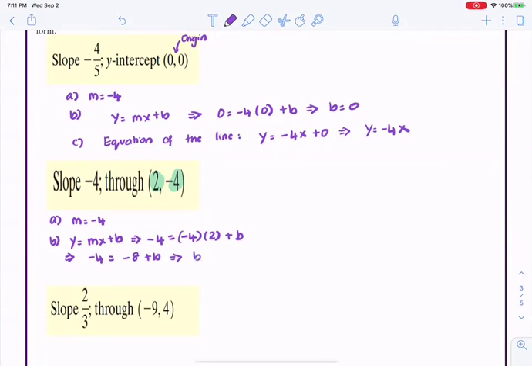Move the 8 to the other side, it would become +8, and 8 minus 4 is 4. So the equation of the line is simply y equals -4x plus 4.